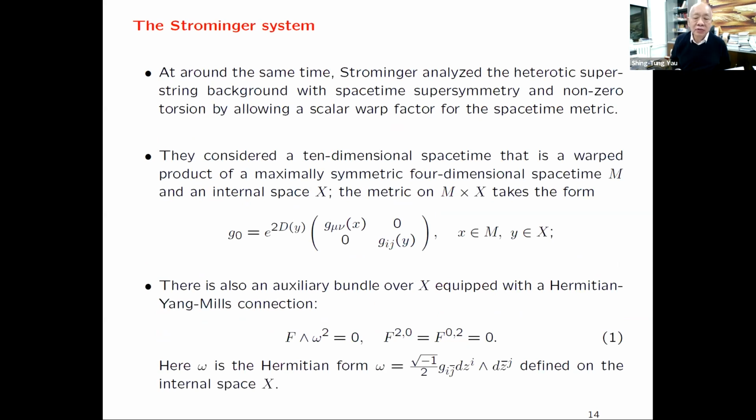So as you see in here, it is a 10-dimensional spacetime. There is a warped product of a maximally symmetric 4-dimensional spacetime, for example, Minkowski spacetime, with an internal space X. And the metric on the product has this form that I wrote down here. Notice the scaling factor e^{2dy}.